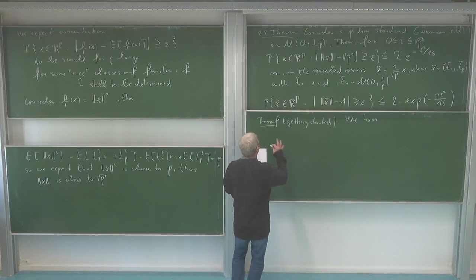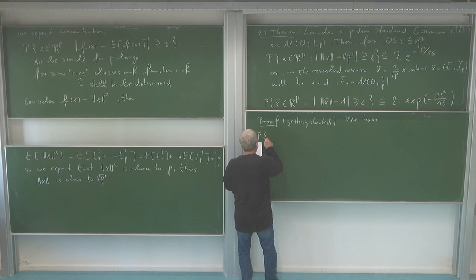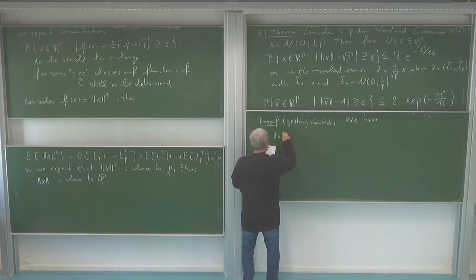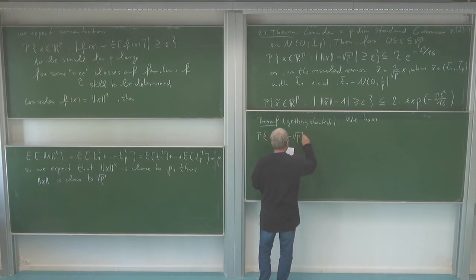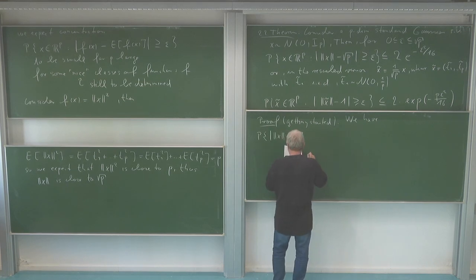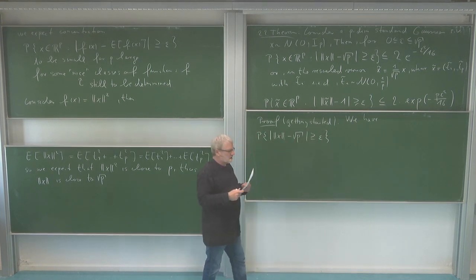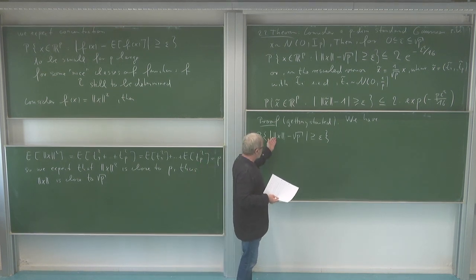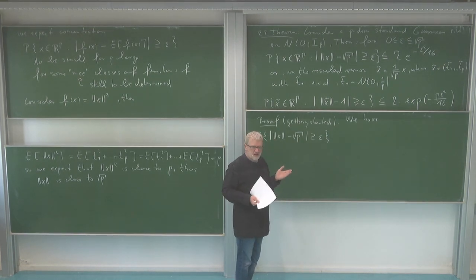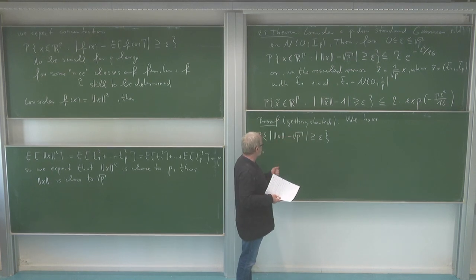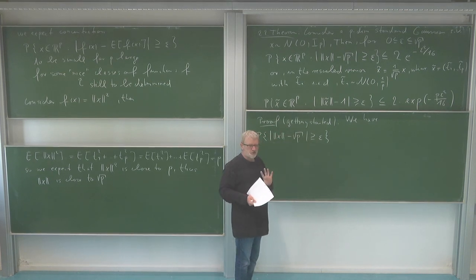Okay, so what we want is the probability that the norm of x minus square root of p is bigger than epsilon. Now I compare this with a corresponding estimate where I compare the norm of x squared with p. But how can I get from here to norm of x squared minus p? By just multiplying this guy with the norm of x plus the square root of p.